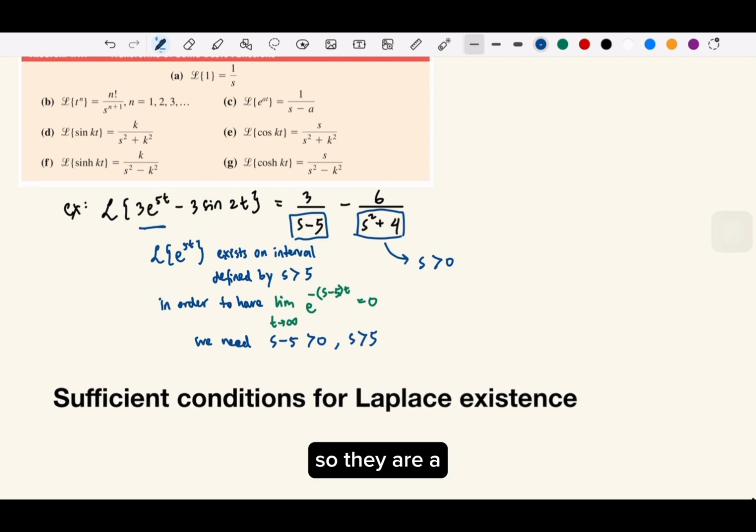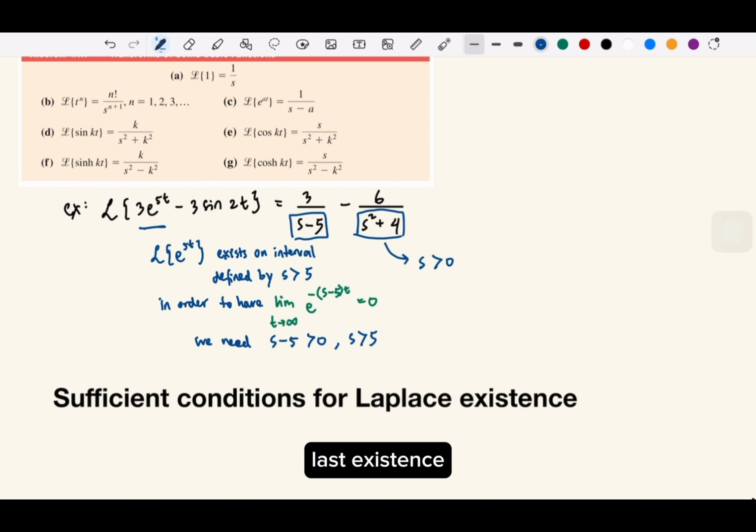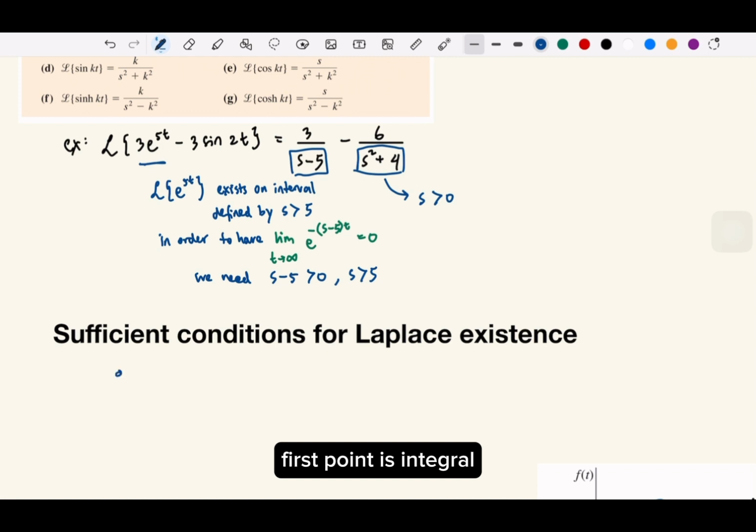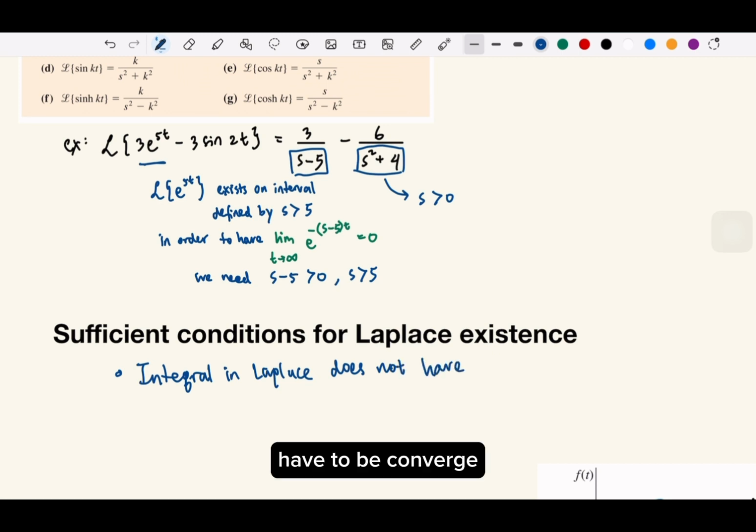So there are what we call the sufficient conditions for the Laplace existence. The first point is that the integral in the Laplace does not have to be convergent.